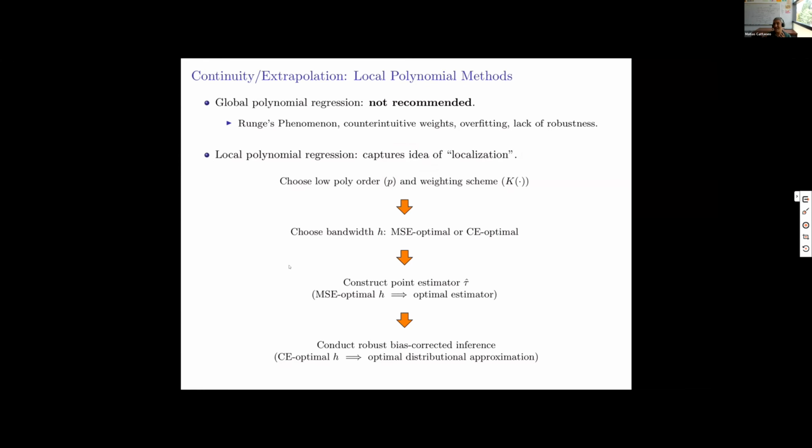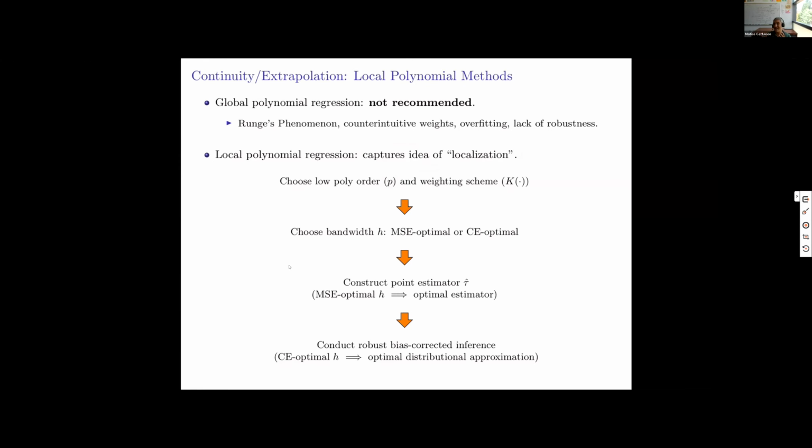And so in the context of local polynomial analysis, instead, we're going to choose a lower order polynomial fit and perhaps some weighting scheme that allows us to downweight observations as they are farther away from the cutoff point in the space of the score.